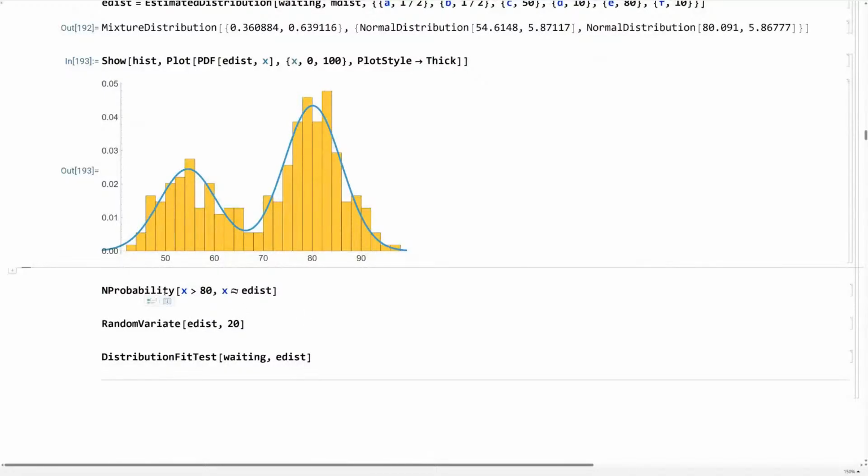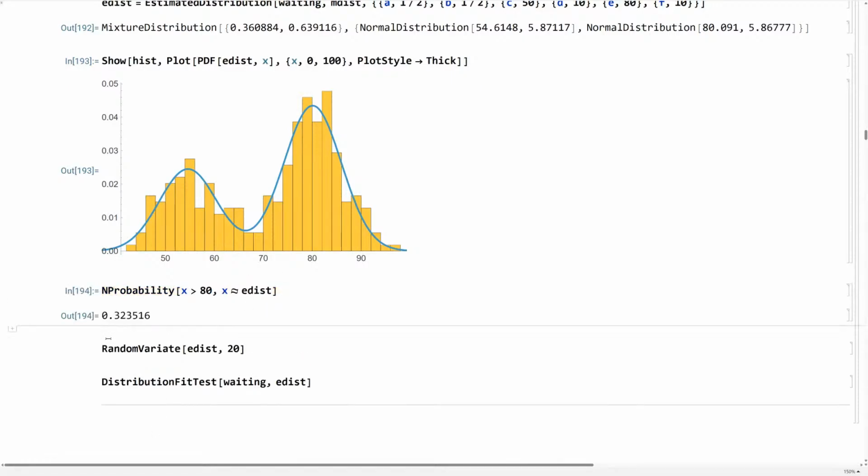For data analysis purposes, I would like to know how long I will have to wait until I see the water erupt. So this one is querying the probability that my waiting time is bigger than 80 minutes. It will be a 32% chance that I'll have to wait more than that.